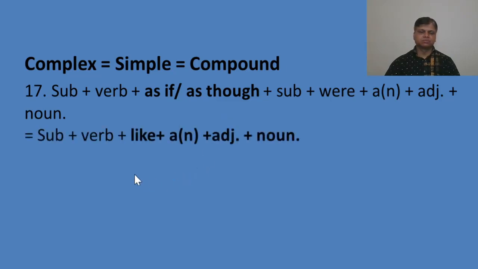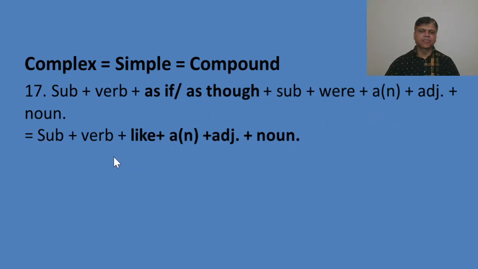So look at the structure of a simple sentence. If you want to make it a simple sentence, students are advised to follow the structure: subject, verb, like, a or an, adjective and noun.